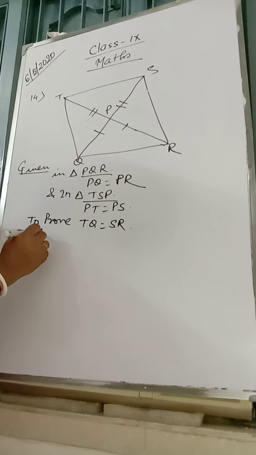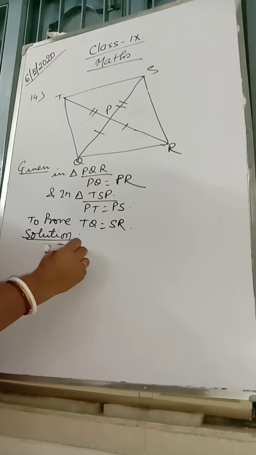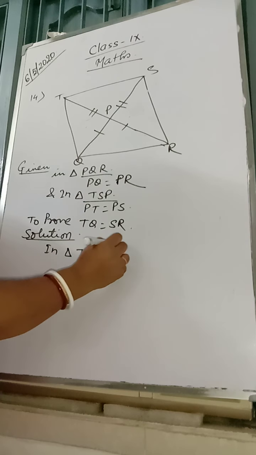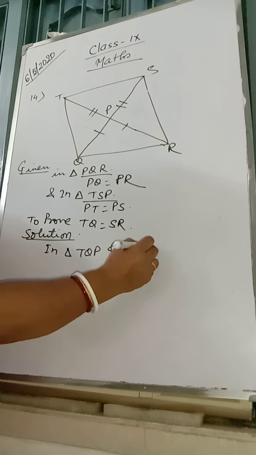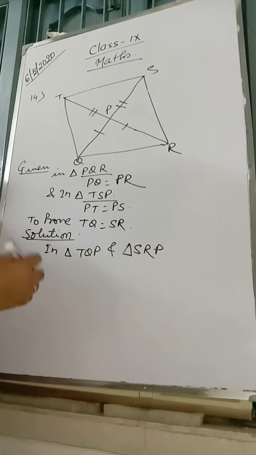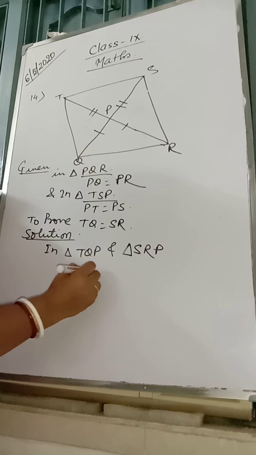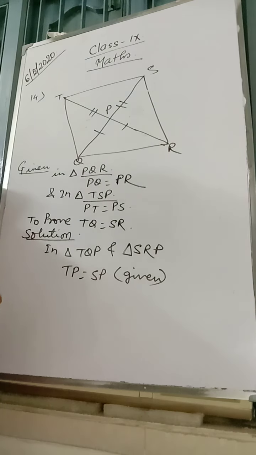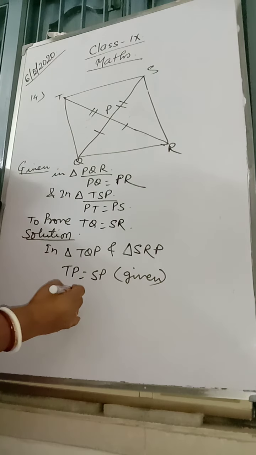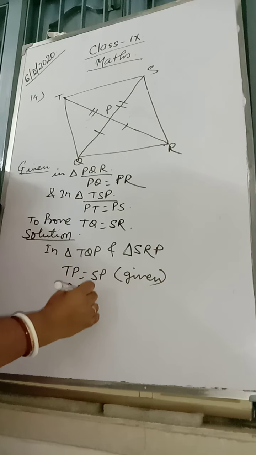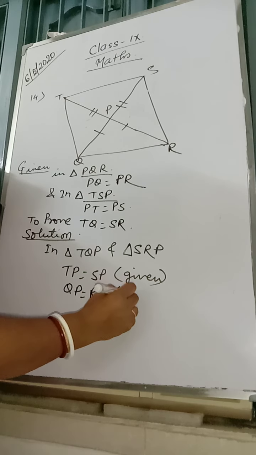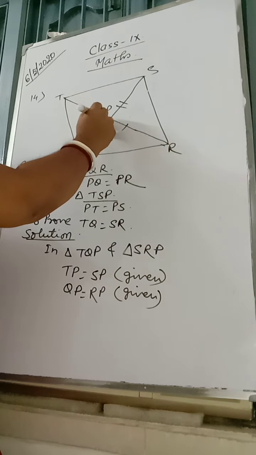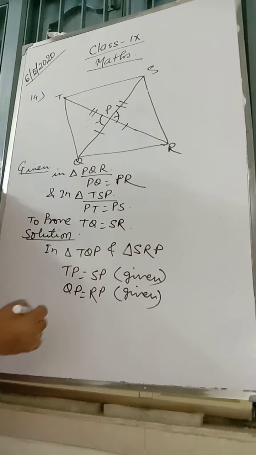Solution. In triangle TQP and triangle SRP, clear? TP is equal to SP is given. QP is equal to RP, this is also given. This angle will be equal to this angle, vertically opposite angles.